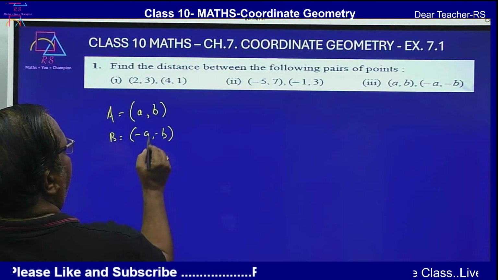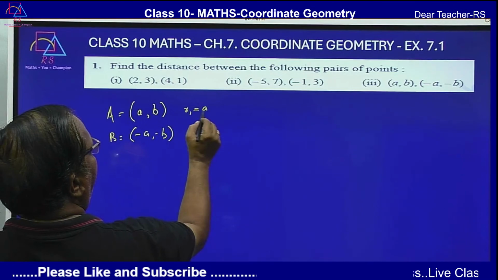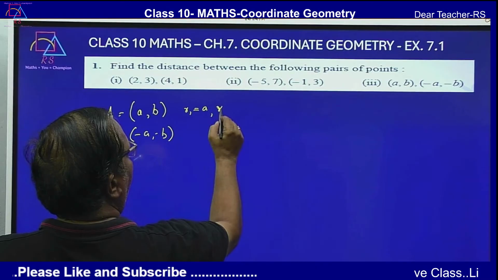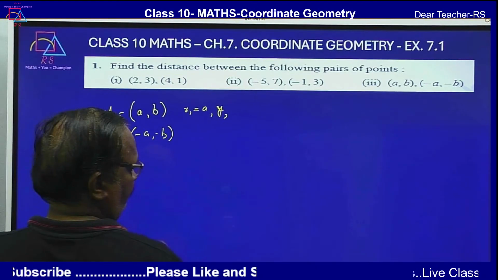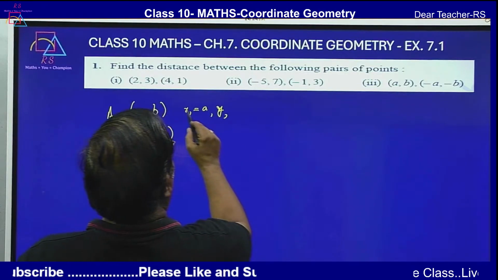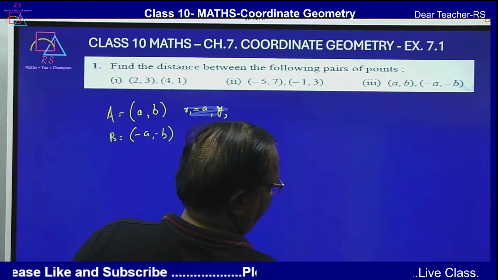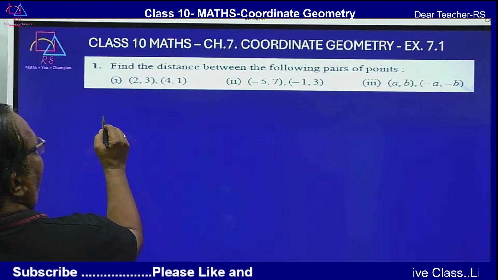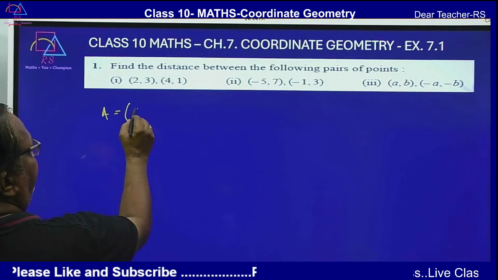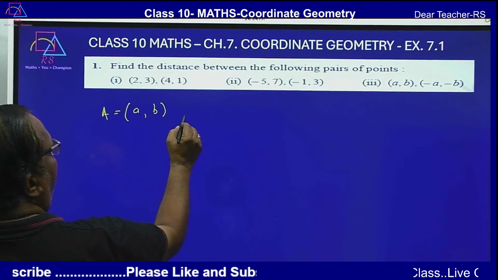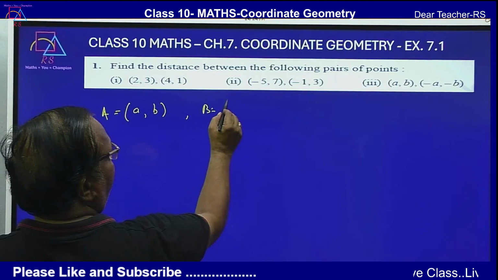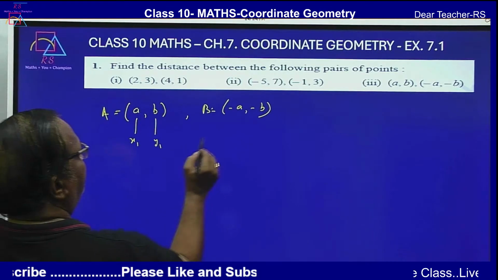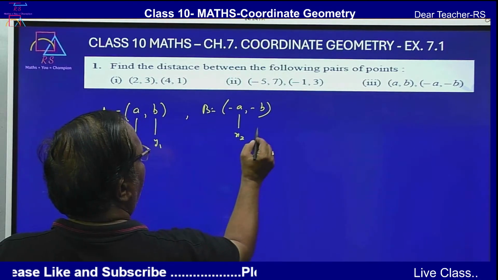That means x1 is equal to a and y1 is equal to b, and this is x2 and this is y2.